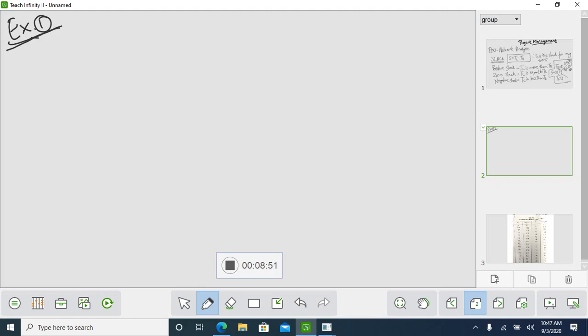The question is: analyze the network with respect to resource. They will be giving you the network diagram, and you have to find the earliest expected time, latest allowable time and slack value. I will give you one simple example sum to make you understand finding the slack value.